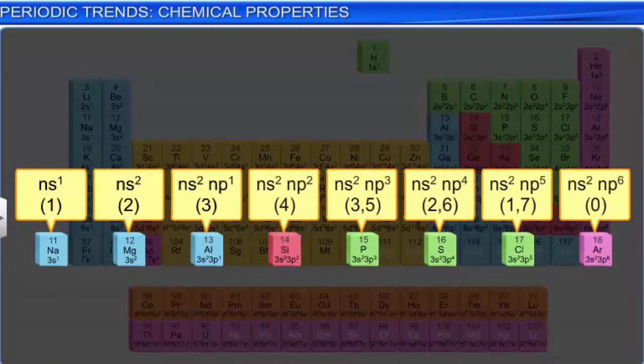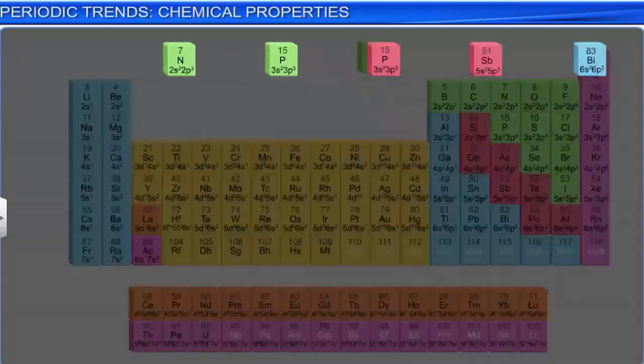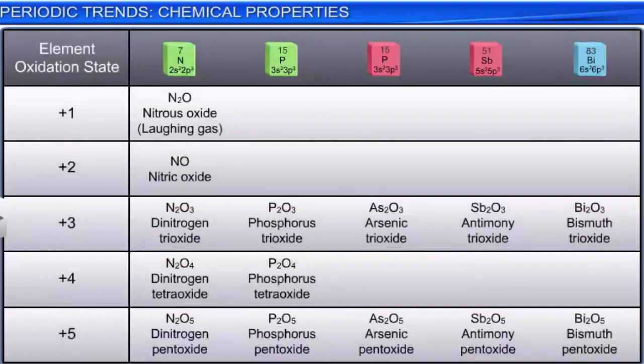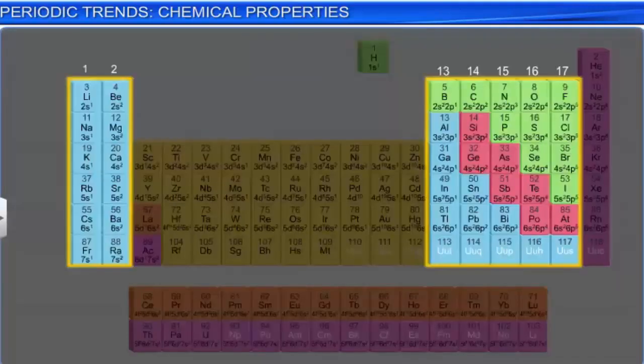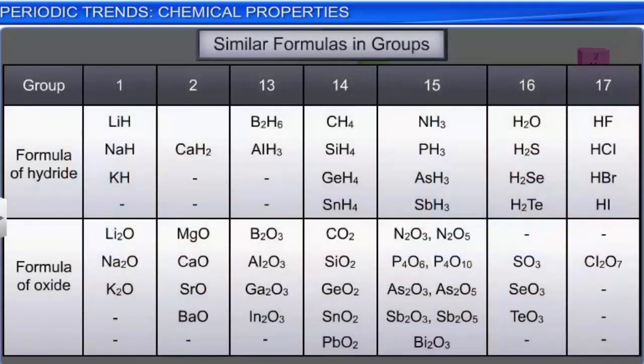The number of oxidation states, however, is the individual property of each group. You can observe periodic trends in the oxidation states of elements based on the formulas of their compounds with hydrogen and oxygen.